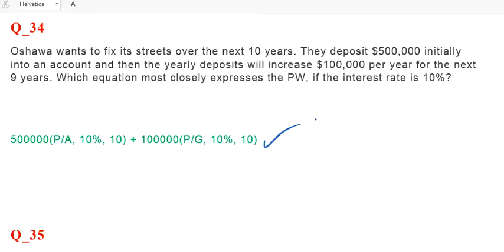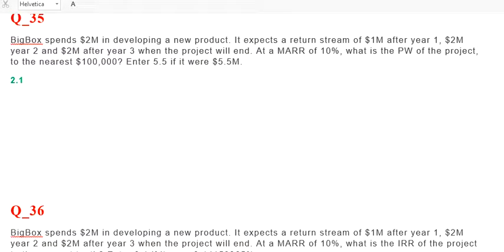Let's move to question 35. Big Box spends $2 million in developing a new product. It receives a return stream of $1 million after a year, $2 million after year 2 and $2 million after year 3. The project will end at year 3. At the MARR of 10%, what is the present worth of the project?